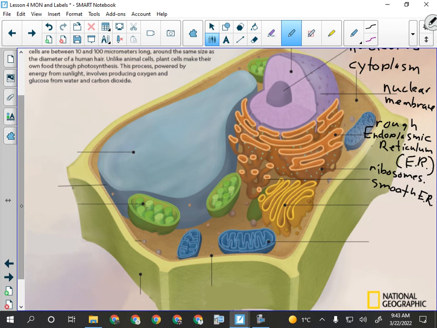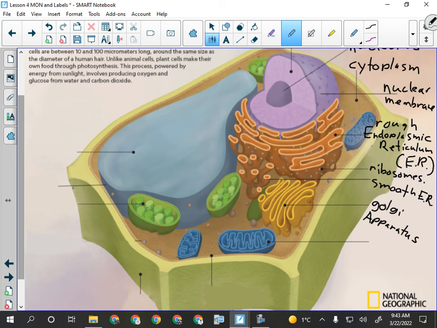Okay, the yellow thing, that is the Golgi apparatus. The Golgi apparatus also has a number of jobs.